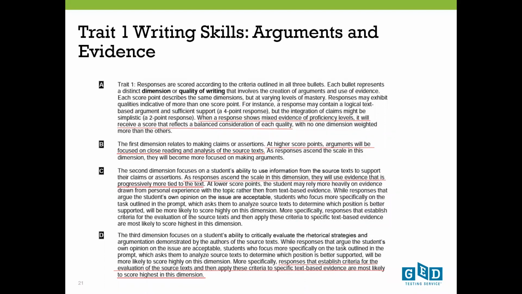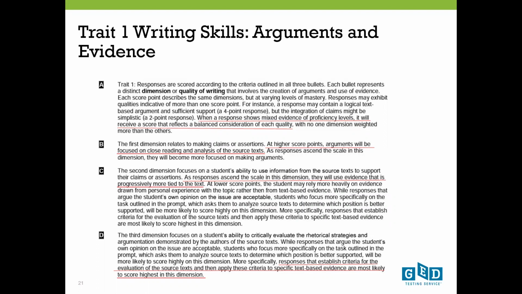Responses ascending the scale will also use evidence that is progressively more tied to the text. And then the point that I've underlined in the D example at the bottom is responses that establish a criteria for the evaluation of source texts and then apply these criteria to specific text-based evidence are most likely to score the highest in this dimension.